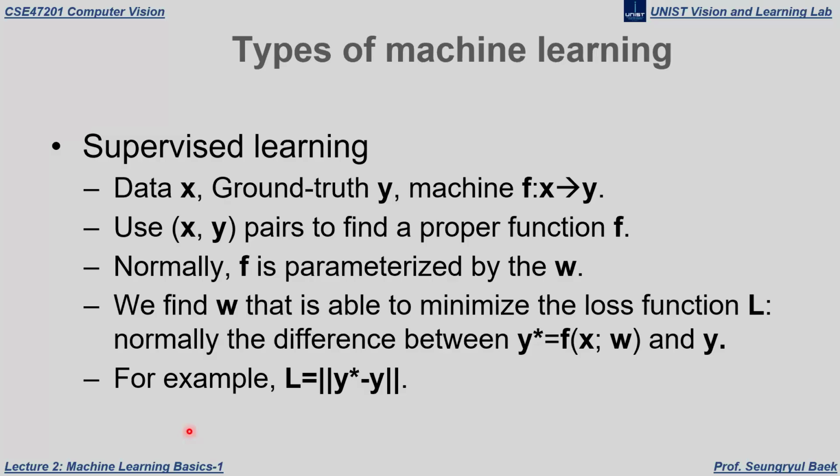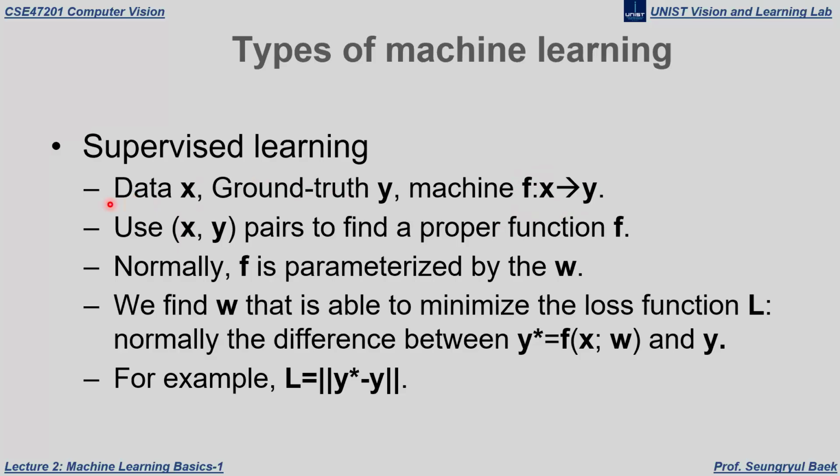In supervised learning, the function f maps x towards y. This is the same thing I already said to you. Given n number of data, inputs x and y, we learn the machine f. And for a new sample x star, we expect it to output what we are expecting.